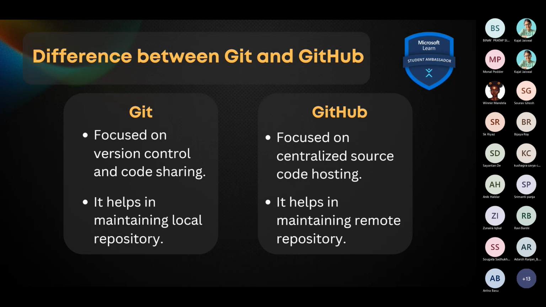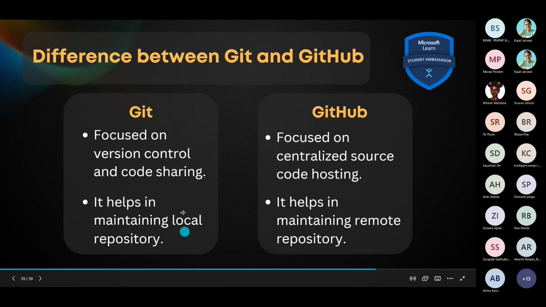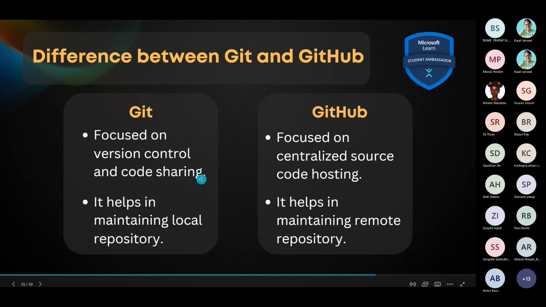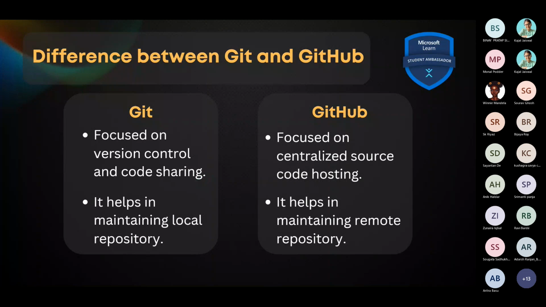We host it on the cloud using GitHub. The other difference is that Git helps us in maintaining a local repository. This local repository, as I already said, is only on our PC, and we can share it with people around us using a server, but not remotely.